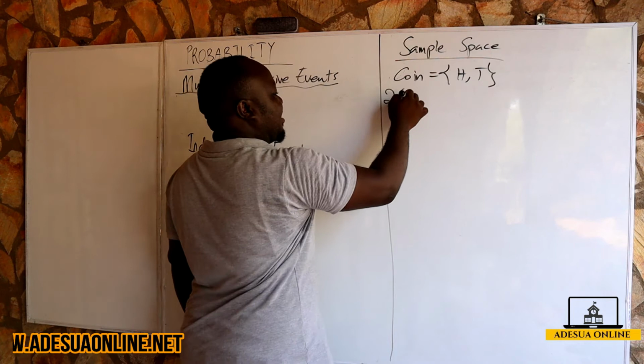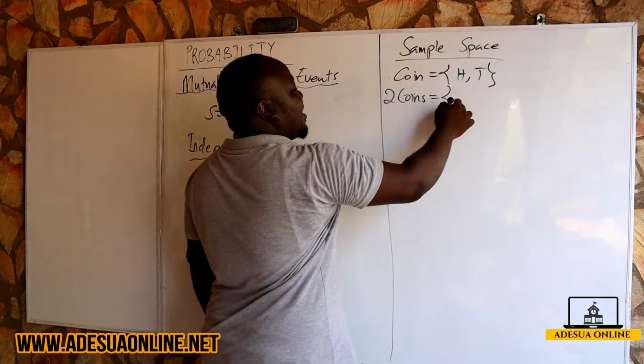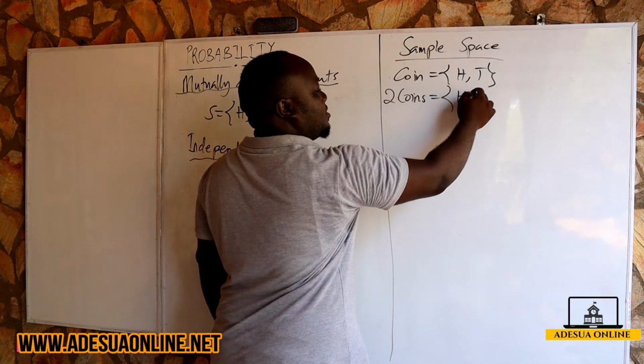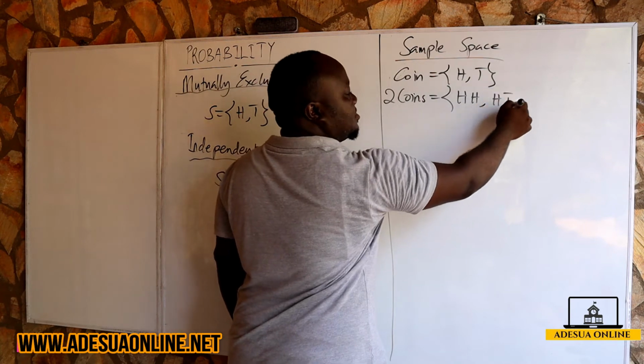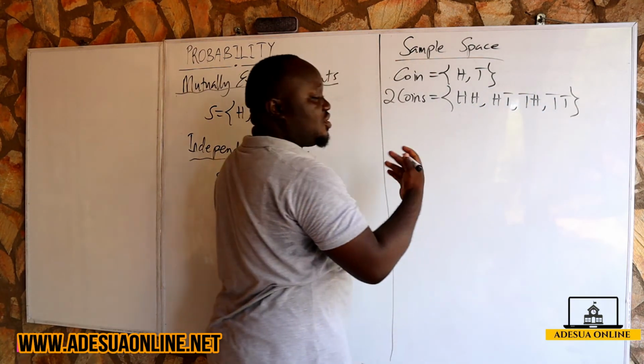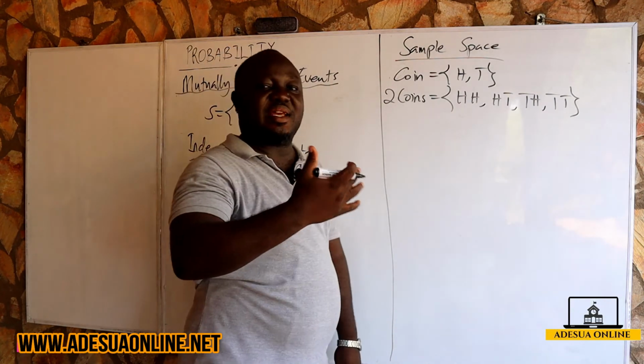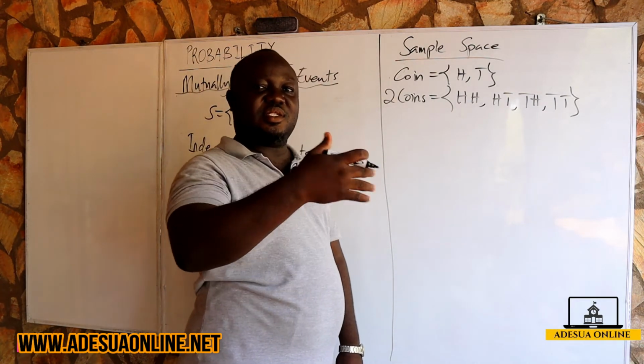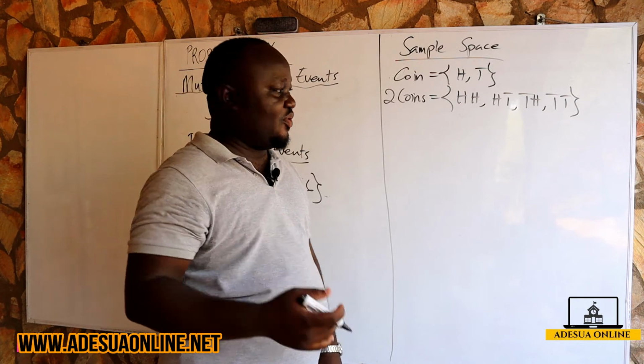When we have two coins, it can show head, head, head, tail, tail, head, and tail, tail. We can also have three coins, having head, head, head, head, head, tail, tail, head, tail, tail, tail, head, and so on and so forth.